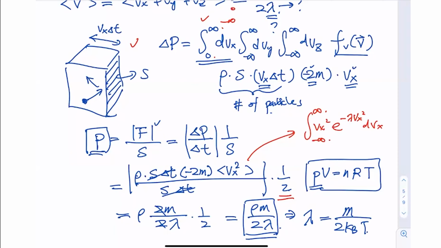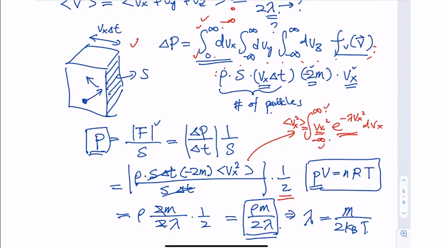The second thing is when I'm trying to evaluate this integral. In this integral, we are integrating over v_x squared with a weighting function that's a Gaussian. But remember, because we only do the integral over half of the v_x, in order to connect it with our previous result, which is defined by this expression, the average of v_x squared, we need to be careful.